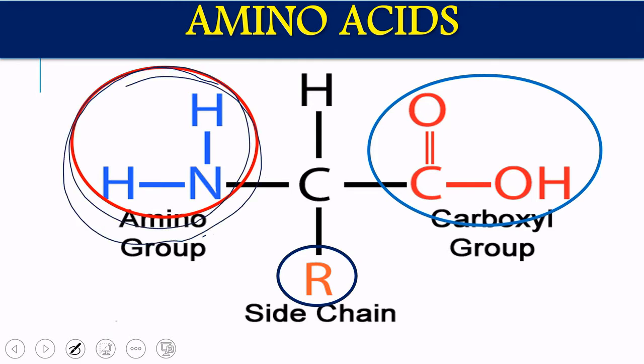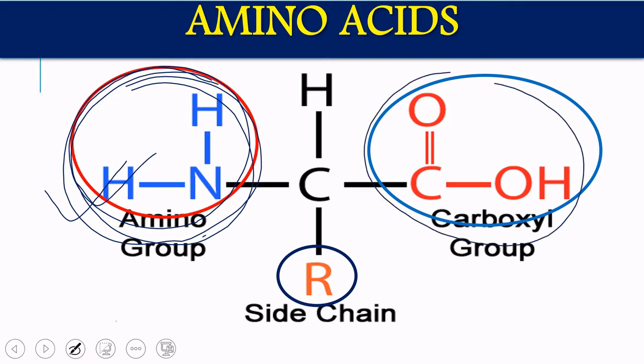If this amino group can show some kind of chemical reaction, some kind of chemical characteristic features, then all the amino acids will show it, because this group is present in all the amino acids. So every amino acid has a specific characteristic feature, specific chemical reactions due to this amino group. Similarly, every amino acid has a COOH group. So all the amino acids will show some kind of special chemical reactions, special chemical properties or physical properties which are due only to this COOH group.